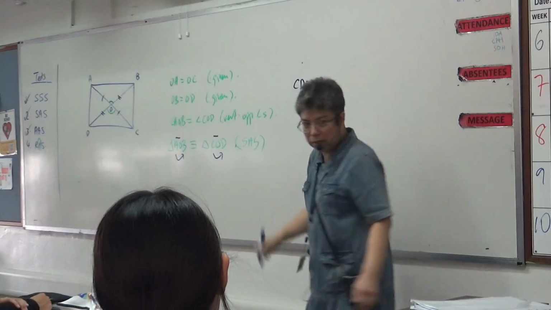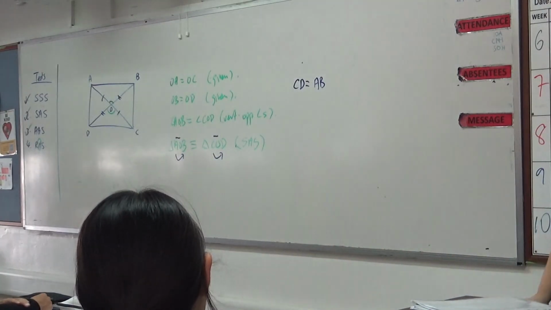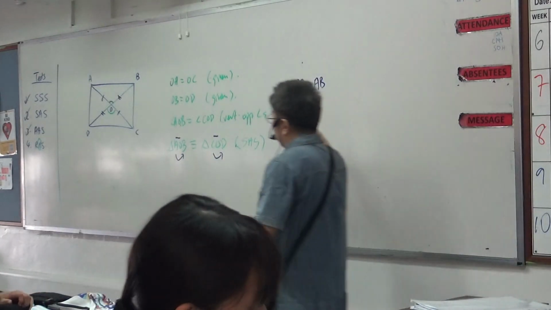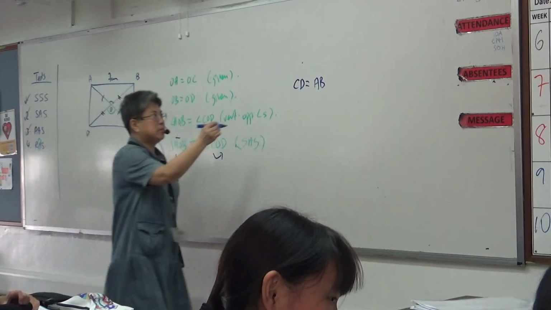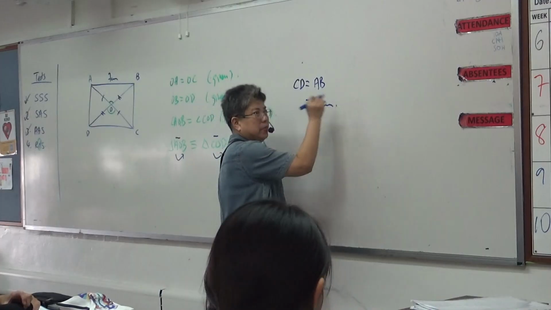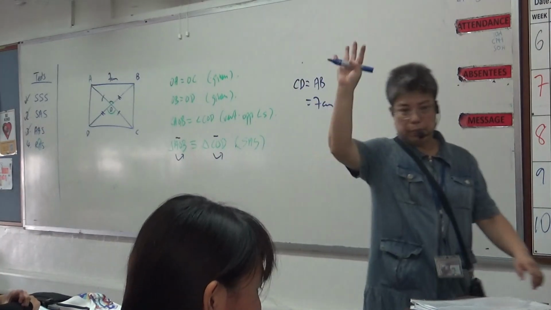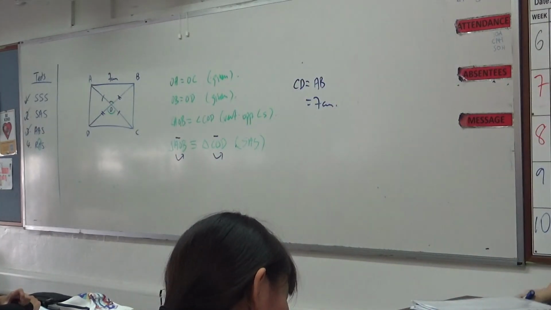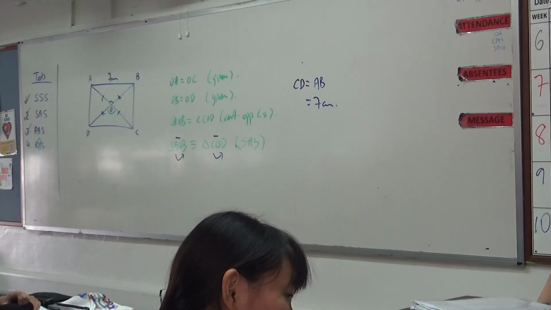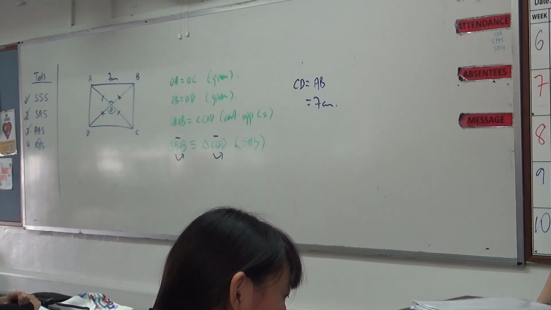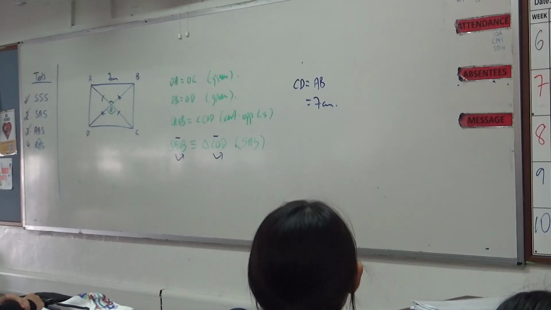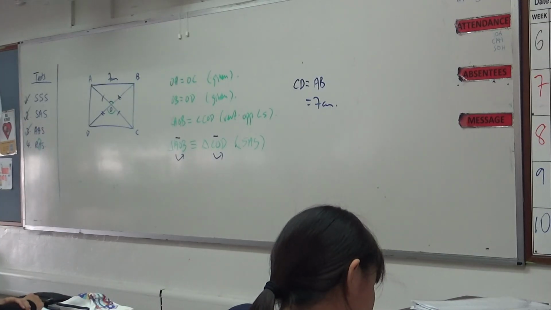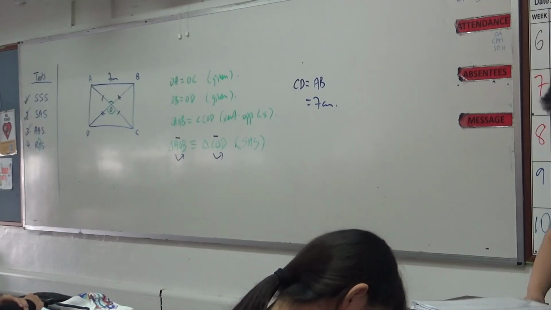AB is what the question says. I forgot to write down. This one is how many cm? 7 cm. So this will be equal to 7 cm straight away. Don't need to give a reason because from the congruency statement I can tell already. It's straight away 7 cm. Are we clear about it? Yes or no? Yes. Okay, good. Last question. Question on example 12.